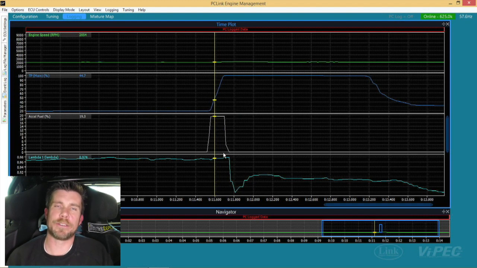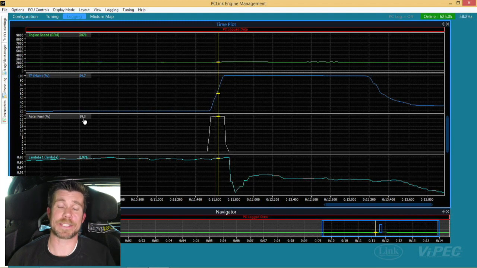Now this is a case of understanding what you're looking at on the logging screen. This is the point here where our acceleration enrichment is being added. You can see our throttle position, so this is where we've gone to full throttle, and the ECU's responded immediately by adding additional fuel.